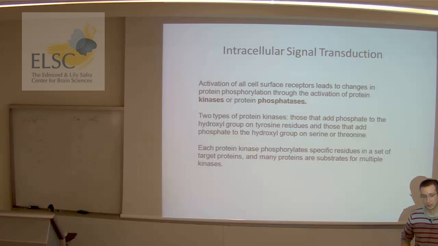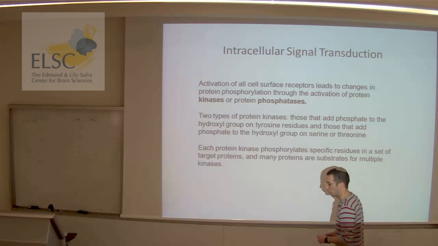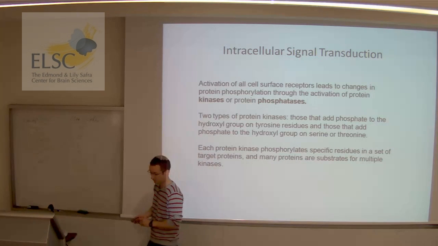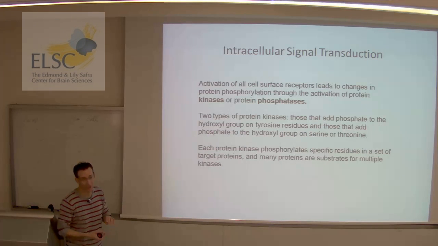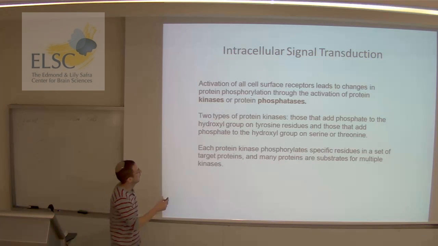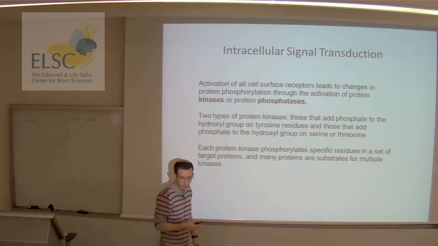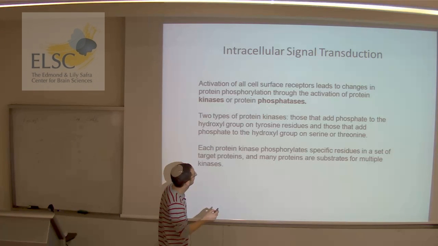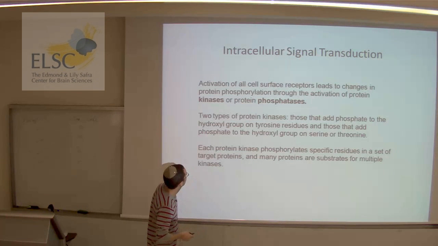Activation of almost all cellular or membranal proteins, virtually all of them, as much as I know, goes through the process of adding phosphate groups or removing phosphate groups from other intracellular proteins. So let's mention the proteins that add phosphate groups. As you remember, these are called kinases. And the proteins that remove phosphate groups from inside the cell are called phosphatases.